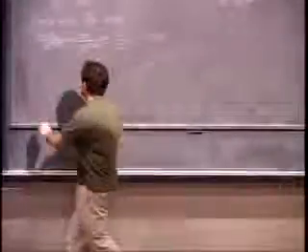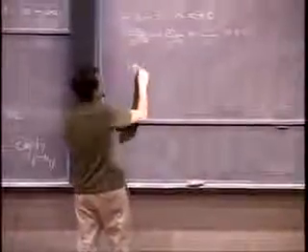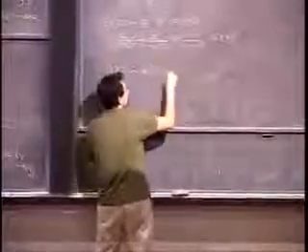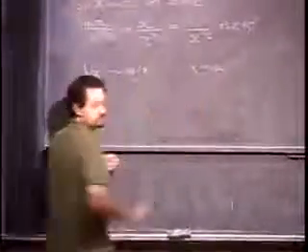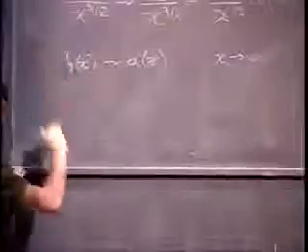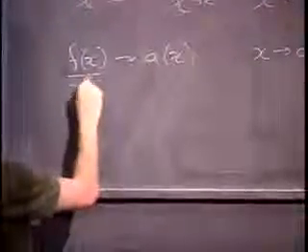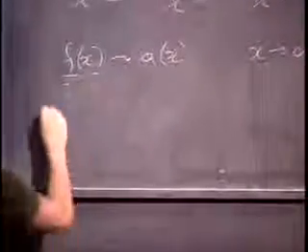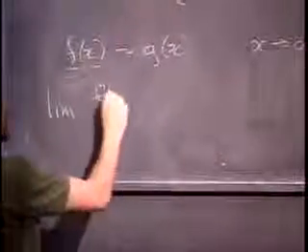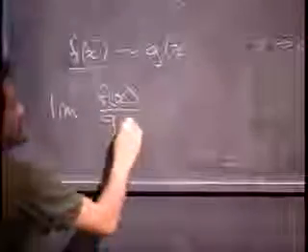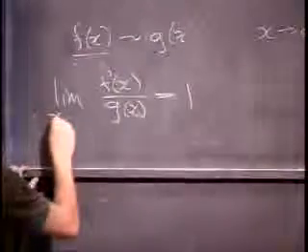Suppose that you know that f of x twiddles g of x as x goes to a. I claim you can divide that by anything you want as long as it's non-zero. Why? Because you're looking at the limit of the ratio f over g, and you're saying that's equal to 1.